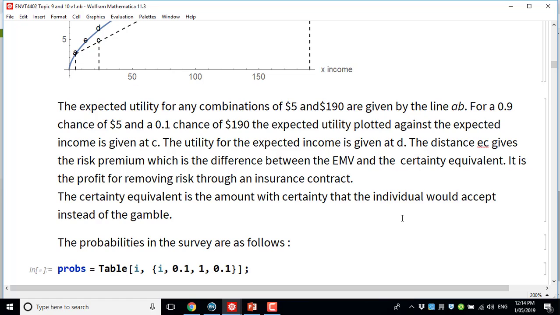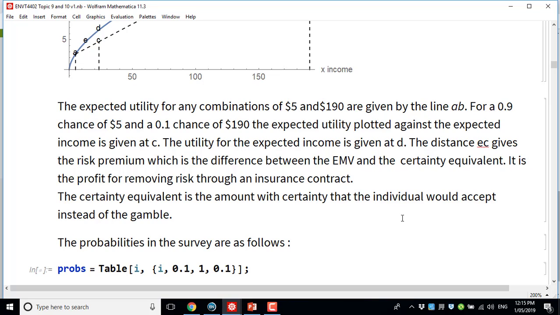So the point C, which was this point here, is for a risk neutral individual. So this is our risk neutral and this is our risk averse. So point C is the expected utility, or in this case, this is also the expected outcome of a risk neutral bidder.